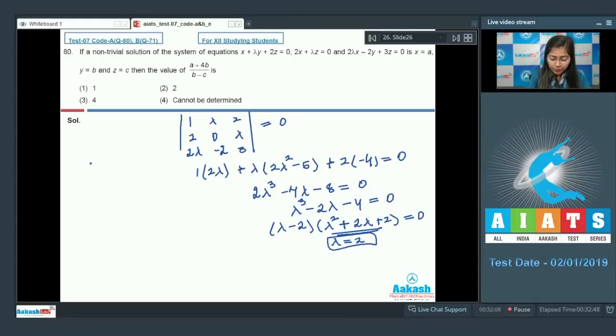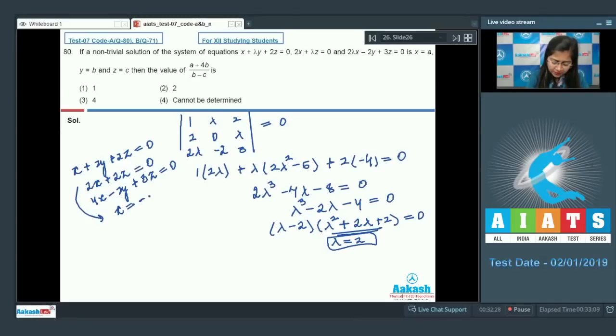So the given system of equations is x plus 2y plus 2z equal to 0, 2x plus 2z equal to 0 and 4x minus 2y plus 3z equal to 0. So we have x equal to minus z, right? So let us take x equal to t, right?